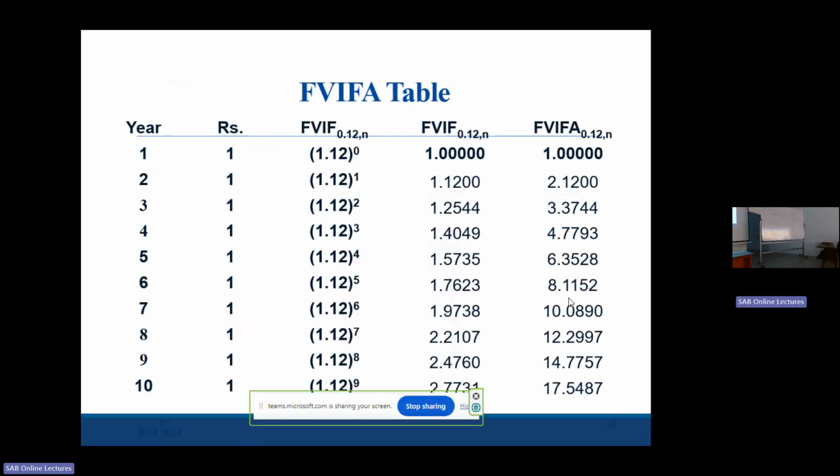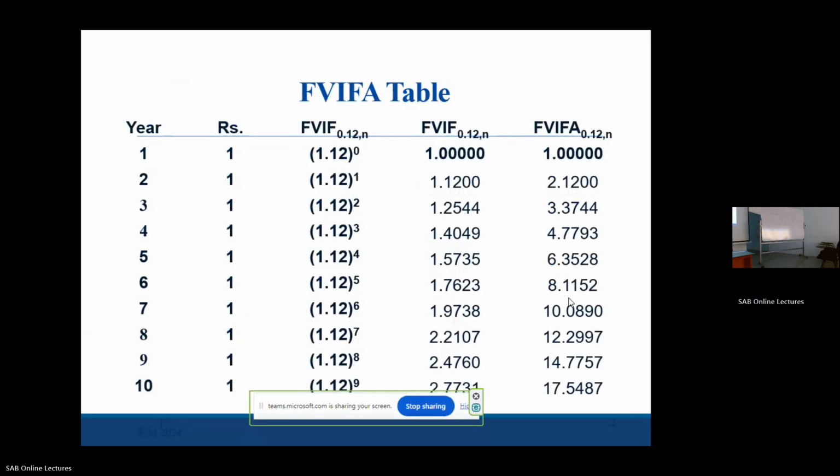If you look at the fourth column, it is future value interest factor, single cash flow. Look at the last two columns. The fourth one, future value interest factor for the single cash flow. The last column, future value interest factor for annuity. If you look at these two columns, what sort of relationship can you observe? Is there any relationship between the single factor and the annuity factor?